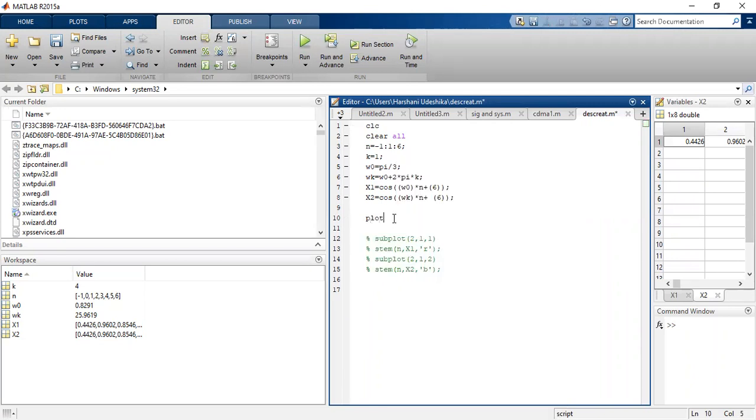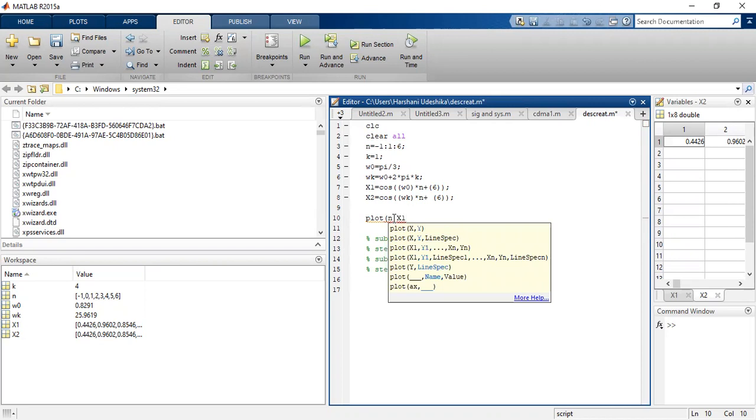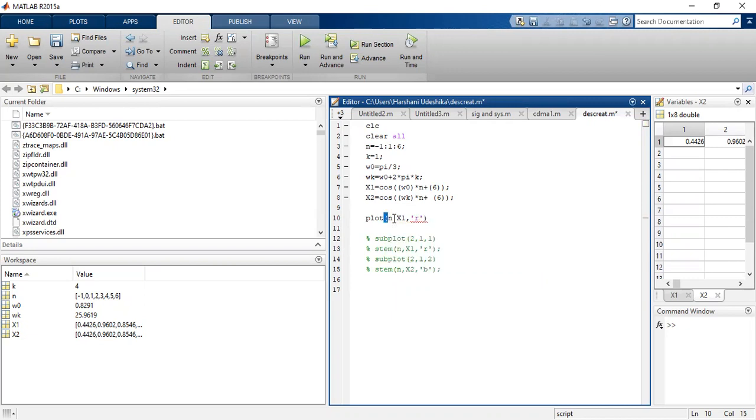So I can use the plot command, plot n, x1. I will put red here because in the discrete plot also I put the red color for the low frequency signal, then plot x2, and I put blue here.